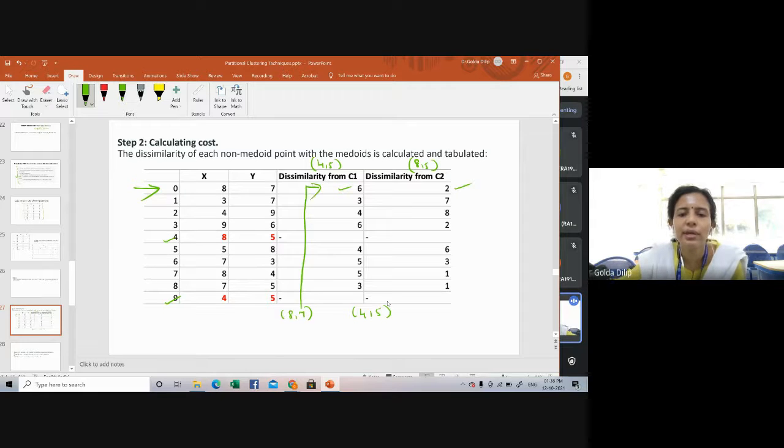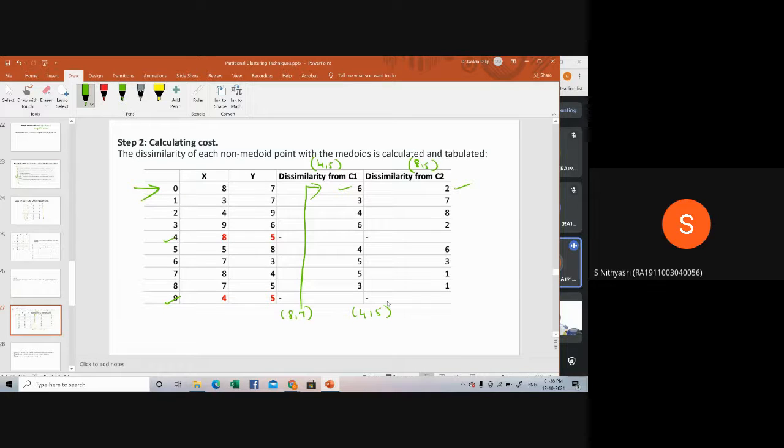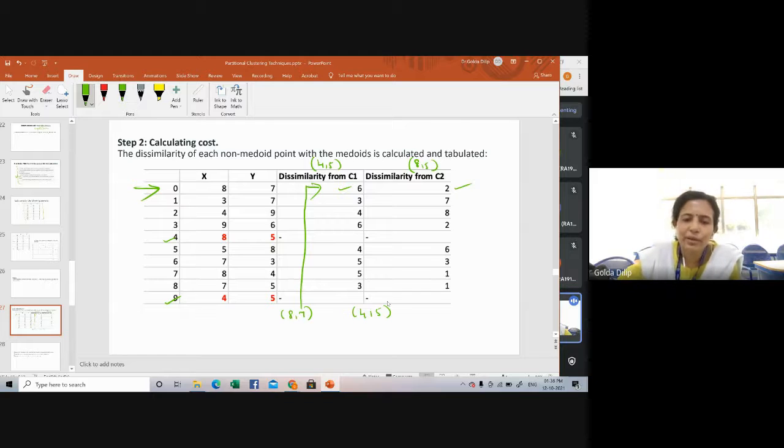How do you get it? 8 minus 4 plus 7 minus 5. Yes, very good. The absolute value doesn't make any difference here. So you get 4 plus 2 is equal to 6.